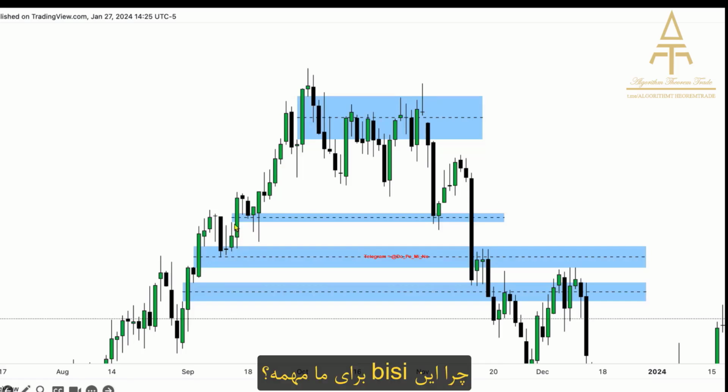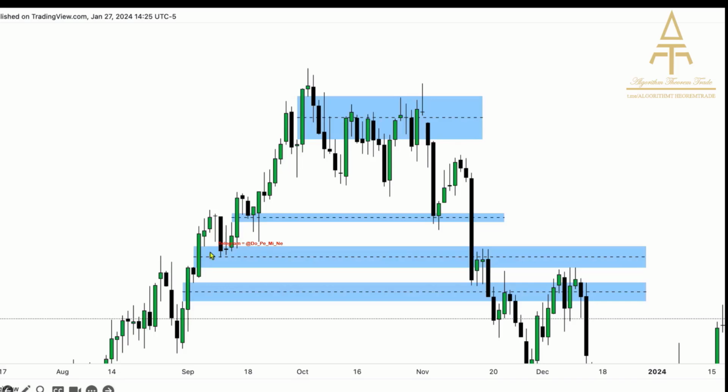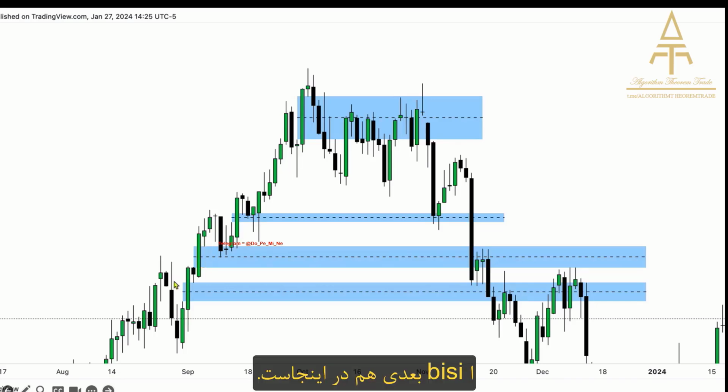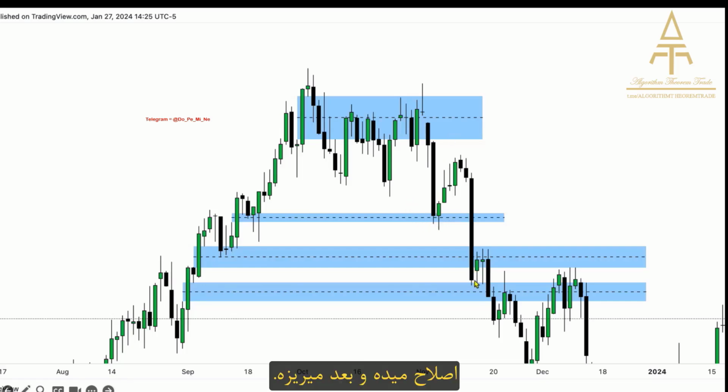What we then see is that this BC is also relevant. Why this BC specifically is because we can see that a real significant row formed inside of that. Same can be said about this BC here. Next BC is here. And notice how price is first finding support in or at those BCs, retrace, boom, gets broken.